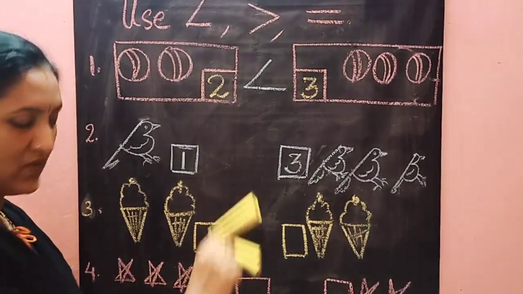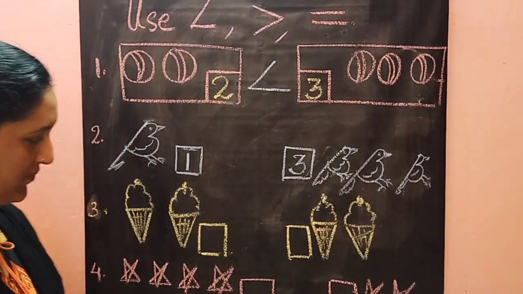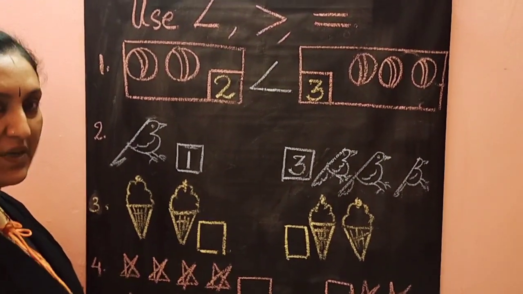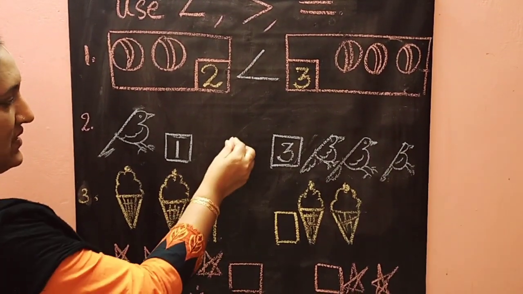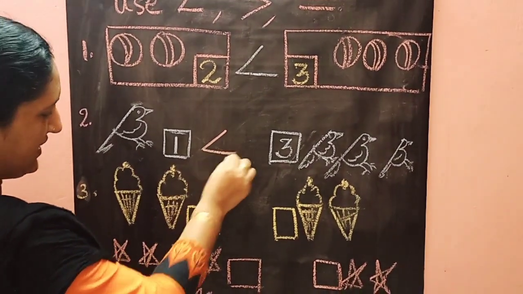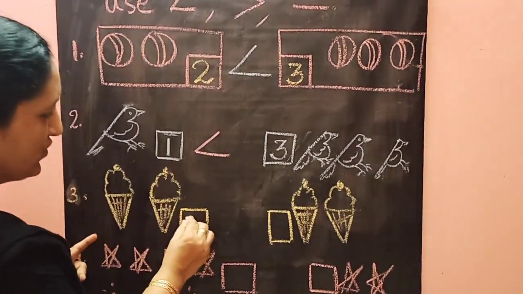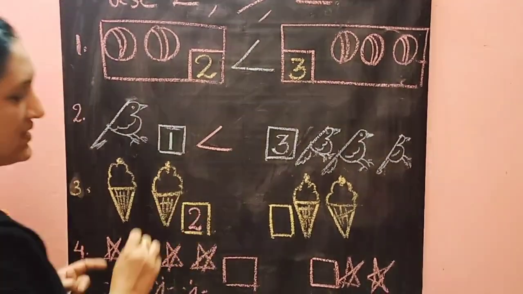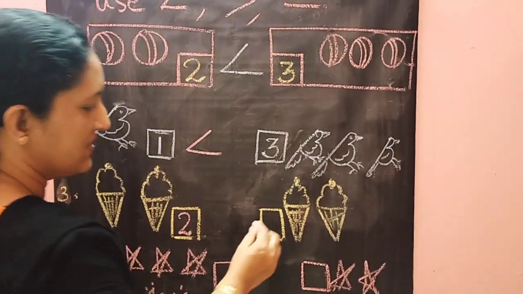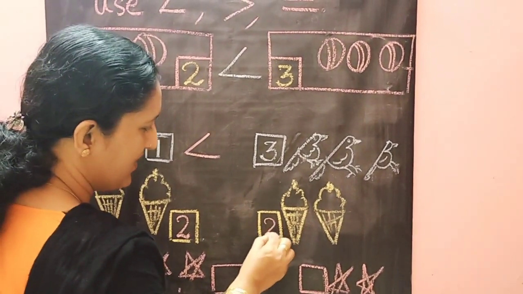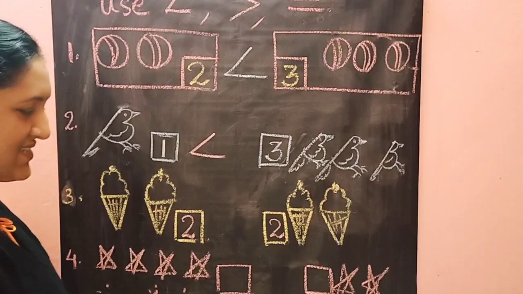Okay? Now tell me, the group of ice creams. Here, how many ice creams are there? Here, how many ice creams are there? Yes, 2. And here, how many ice creams? Yes, 2. Now all of you got the answer.